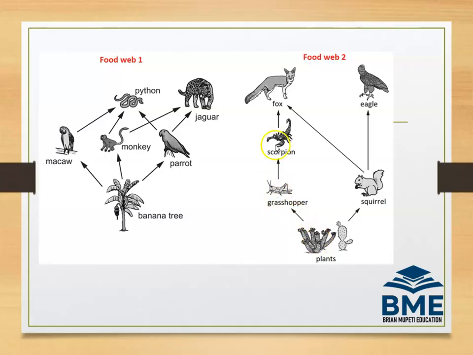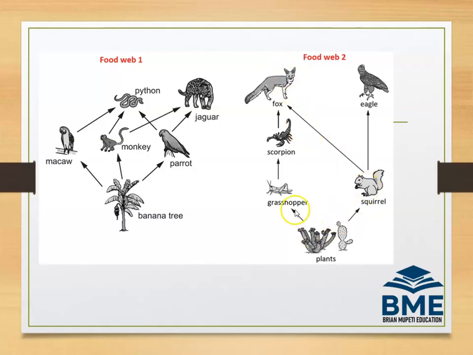If we follow this pathway here, we'll go from producer to primary consumer to secondary consumer to tertiary consumer. So using this pathway, the fox is a tertiary consumer. But if we use this pathway here, we'll go from producer to primary consumer to secondary consumer. The fox would be a secondary consumer using this pathway over here.